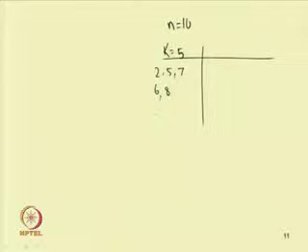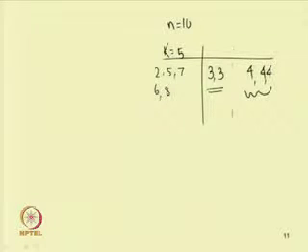Now, let us take another eigenvalue 3, 3. So, this is repeated twice. Another eigenvalue, let us take 4, 4, 4. Here it is repeated 3 times.